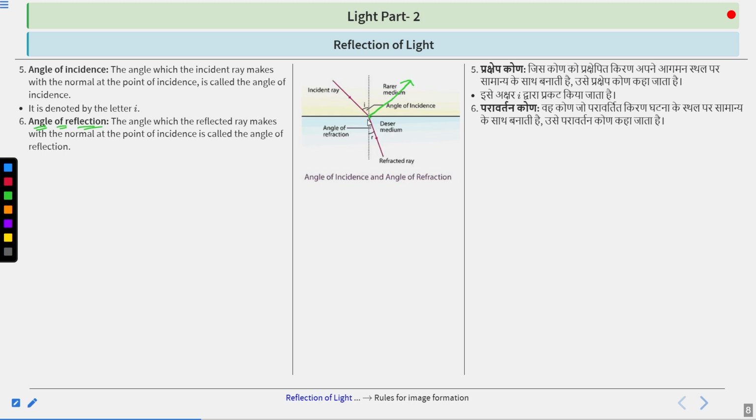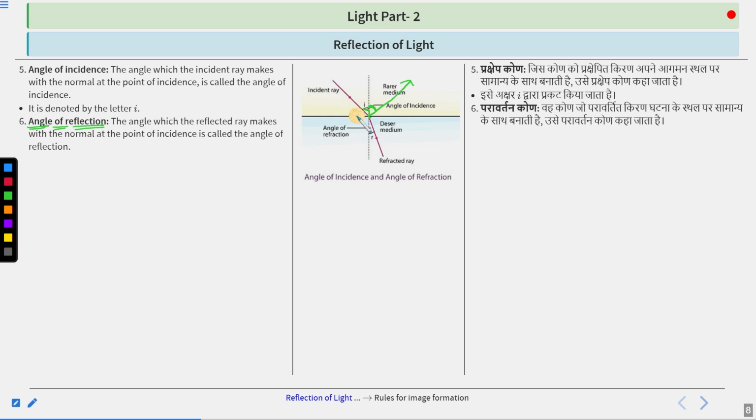The normal is at a 90-degree angle, but here this is the angle the reflected ray is making with the normal. That angle is known as the angle of reflection. So the angle which the reflected ray makes with the normal at the point of incidence is called the angle of reflection.